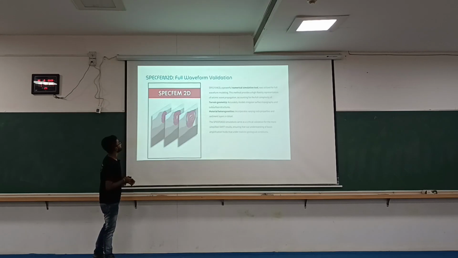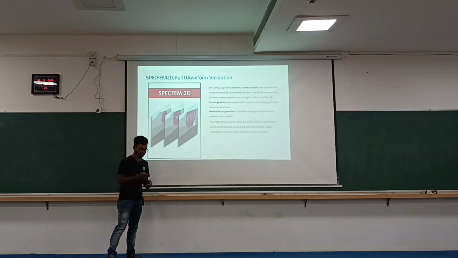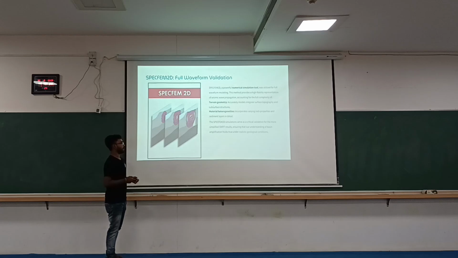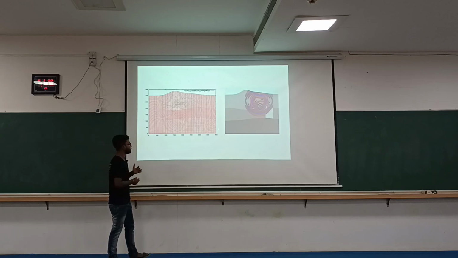Coming to Specfem2D, as we have explained, it uses element status and material properties to calculate and solve equations. We can create a mesh out of my velocity models and run a simulation. It is very computationally heavy and takes some time.